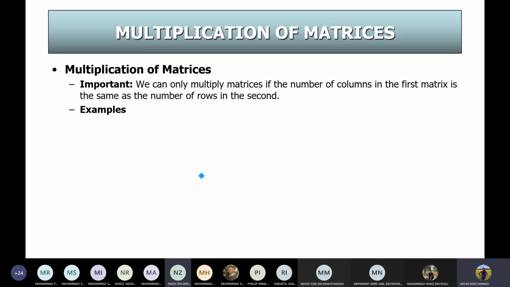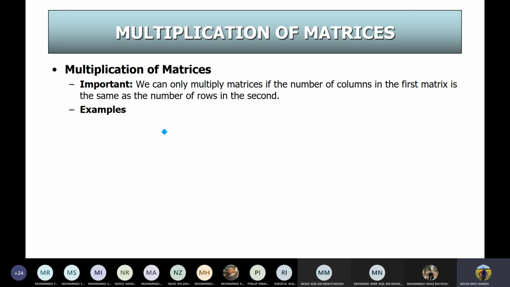So how to do multiplication of matrices? Okay. So multiplication of matrices, it is important we can only multiply matrices if the number of columns in the first matrix is the same as the number of rows in the second. Okay.